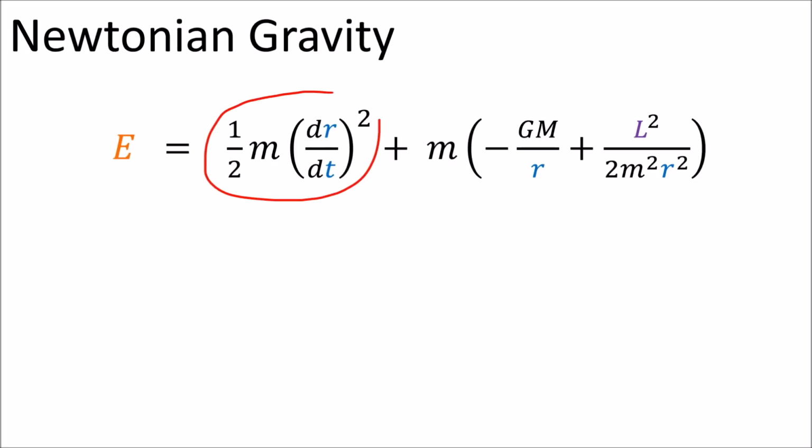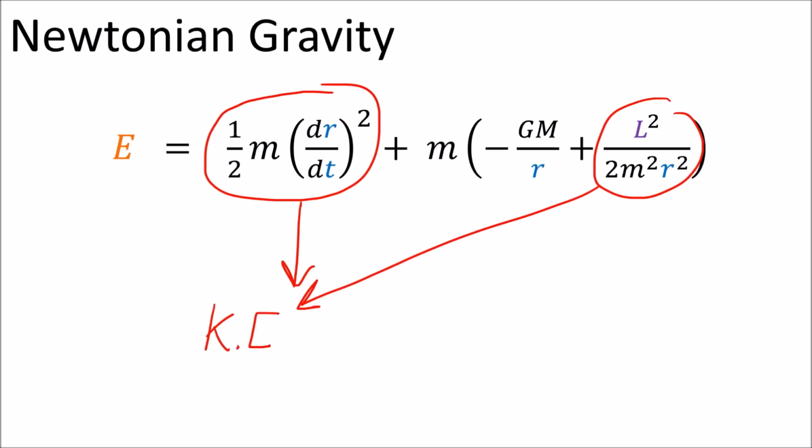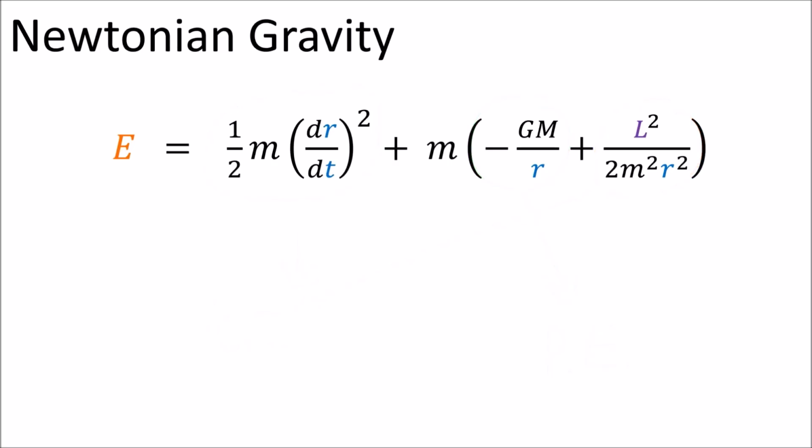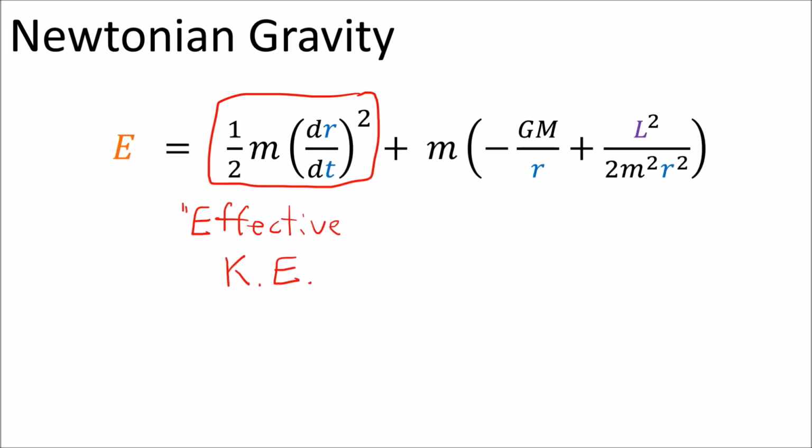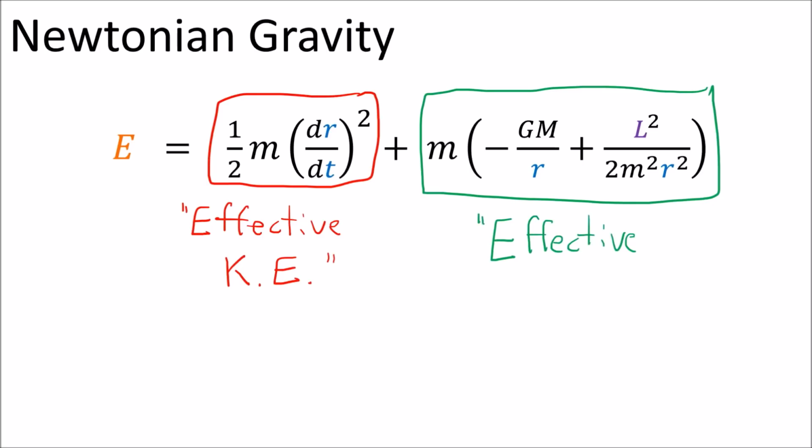Technically speaking, these two terms give kinetic energy, and this term gives potential energy. But in this video, I'm going to treat this term as the effective kinetic energy because it depends on r dot. And I'll call these two terms the effective potential energy because they depend on r.